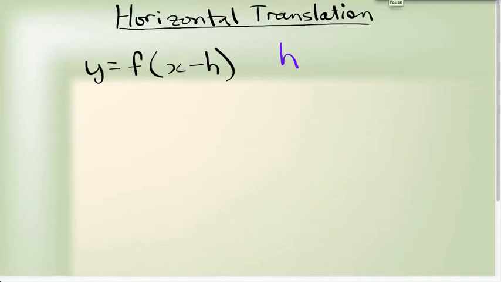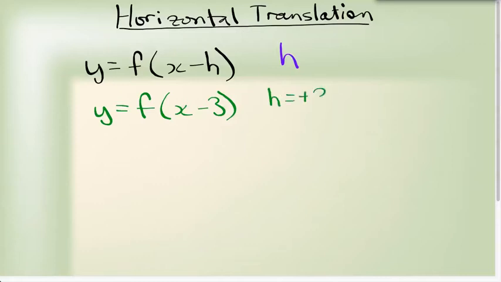So for example, if I gave you y equals f of x minus 3, my h value is the opposite sign, so it's plus 3. And that means a shift of 3 units to the right.